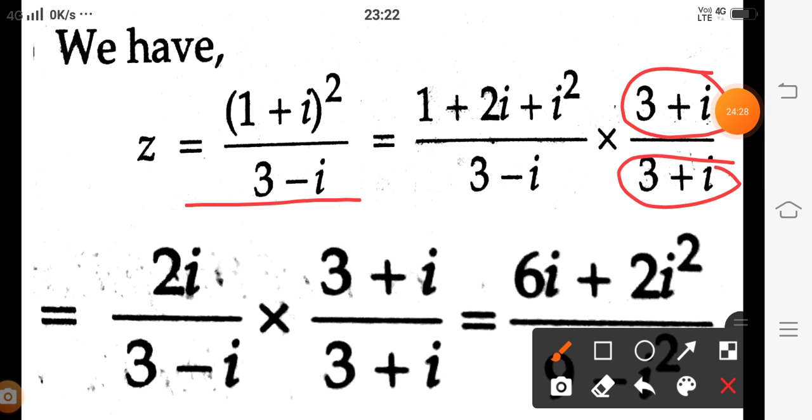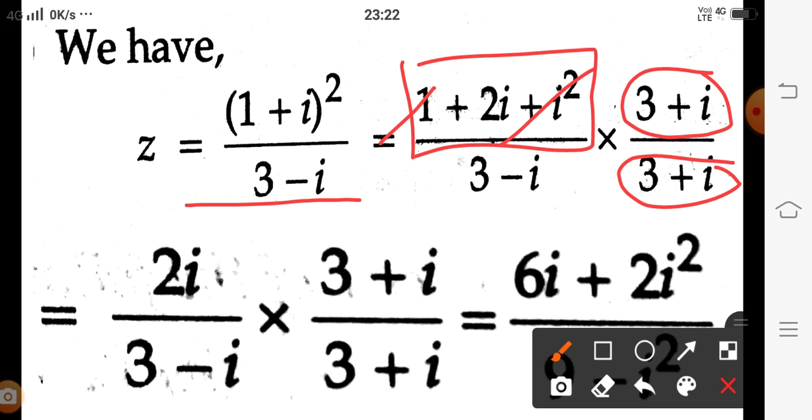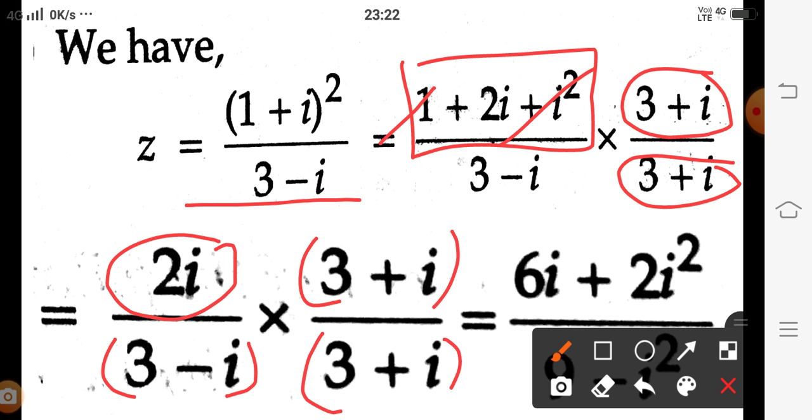Expanding the formula for (1 plus i) whole square, we are getting 1 plus 2i plus i^2. Then on solving, i^2 is minus 1, so 1 and this value will get cancelled out. We are just getting 2i. 2i multiplied with 3 plus i, and in the denominator (3 minus i) into (3 plus i).